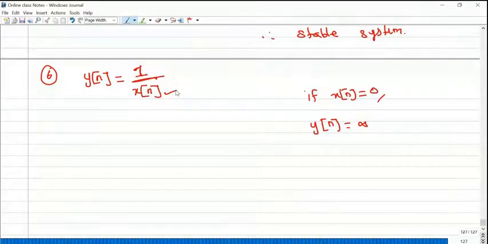If you go for sine function, the possible values for the magnitude of the sine function are minus 1 to 1. In this kind of problem, by looking at the problem itself, we can easily identify y of n equal to 1 by x of n. If x of n equal to 0, the magnitude of your signal y of n would be infinite. So this is a bounded signal. This is an unbounded output.